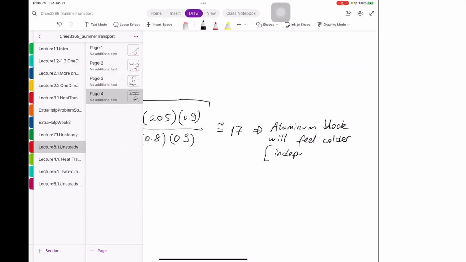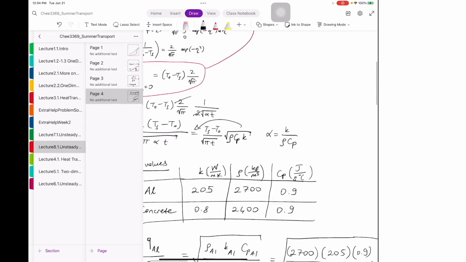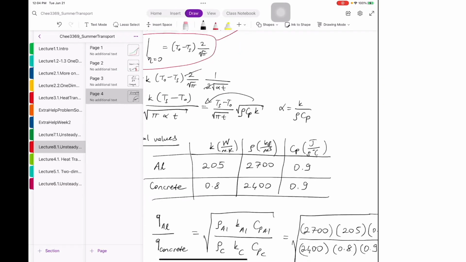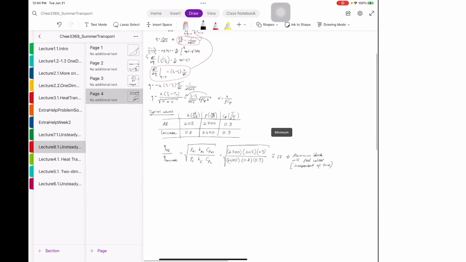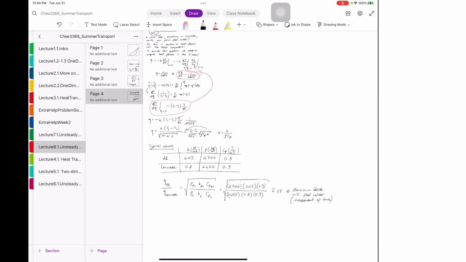That's independent of time, because you see the times cancel at any time. The q for the aluminum is going to be larger than the q for the concrete. Okay, so that's an example where we applied what we learned so far.